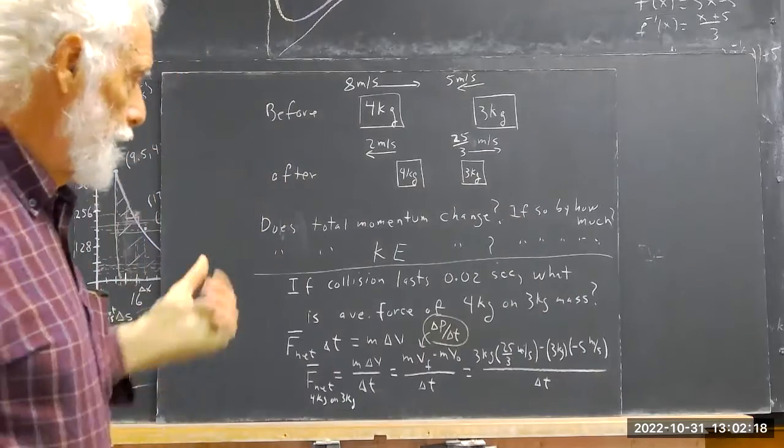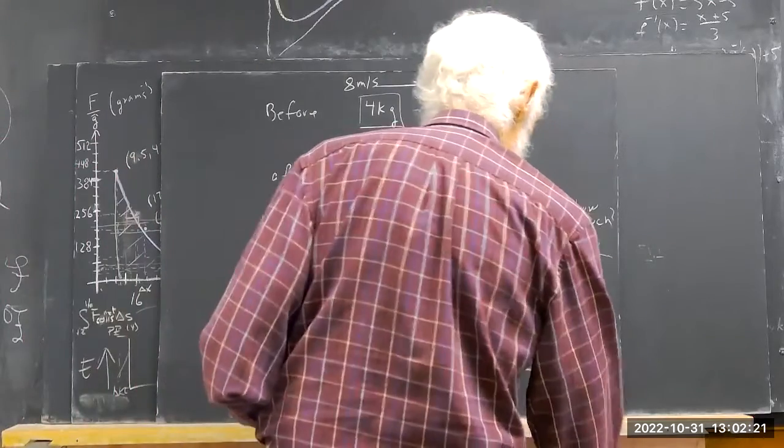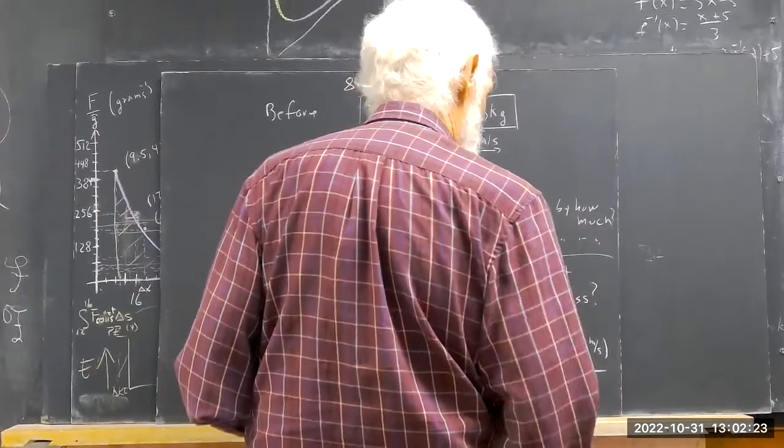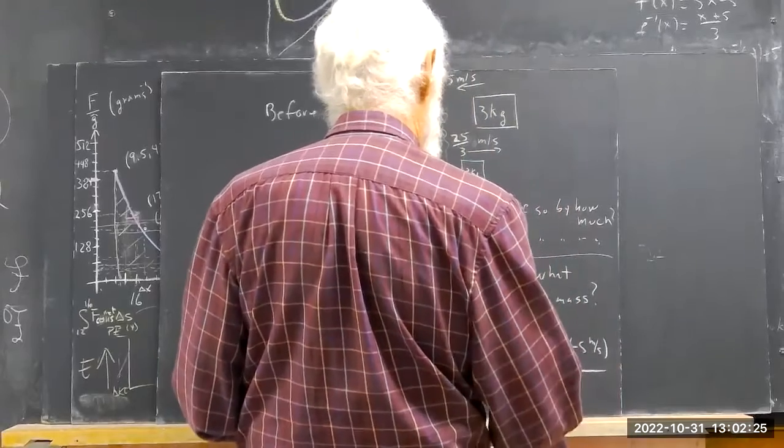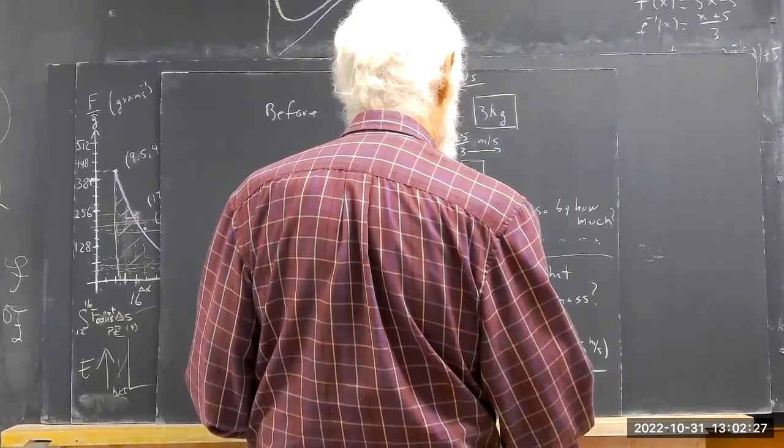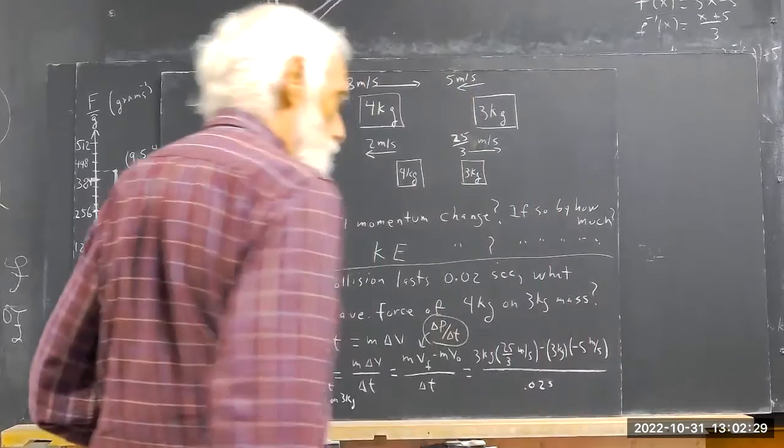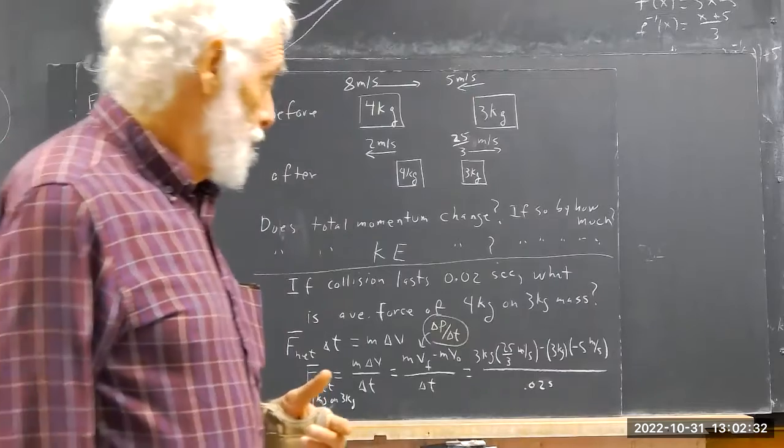We divide that by delta T. Of course, we know delta T, so I should have just written this quantity, 0.02 seconds.